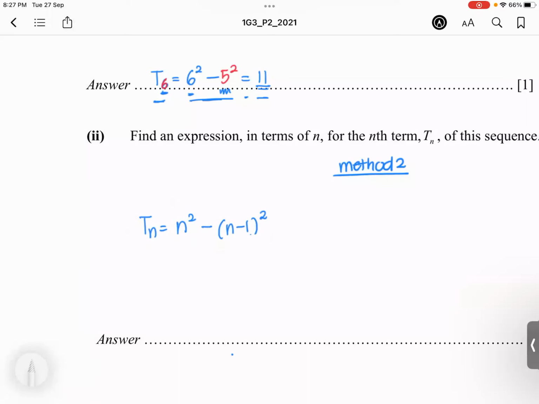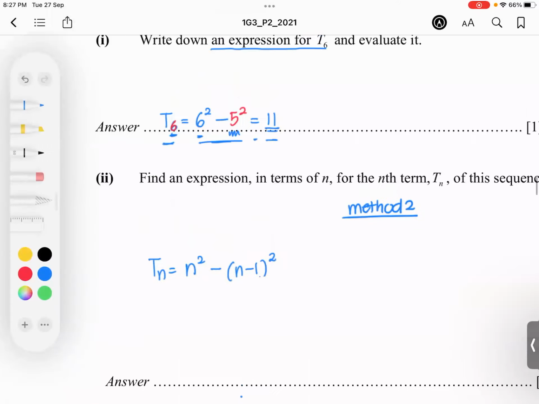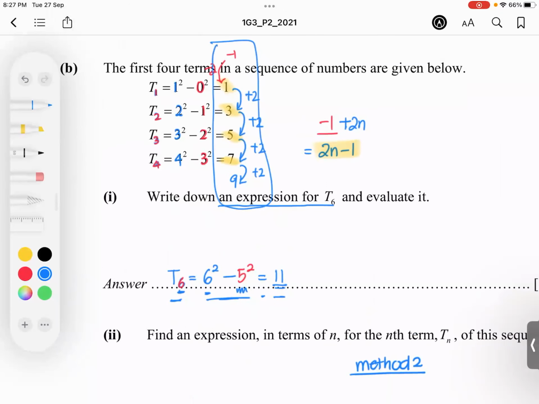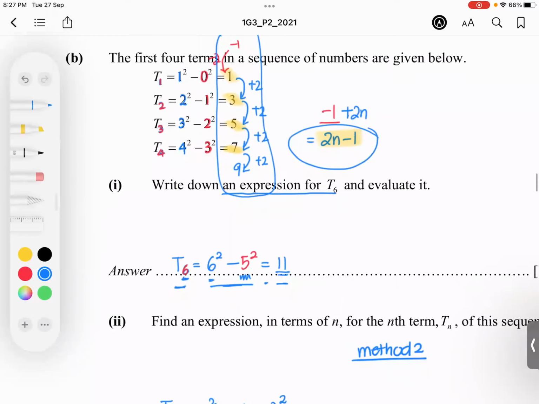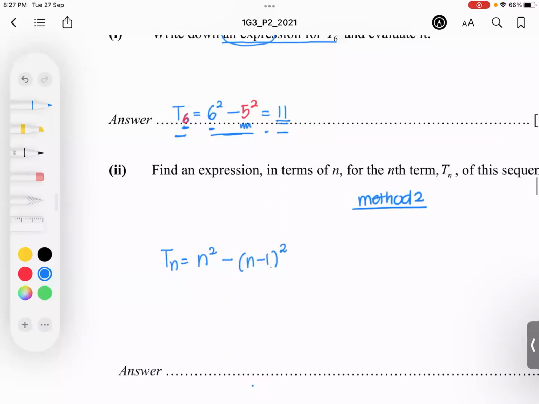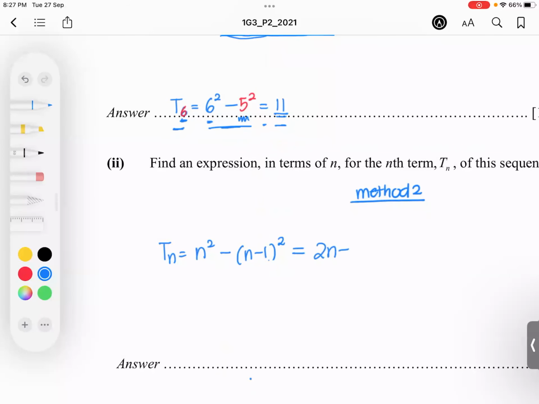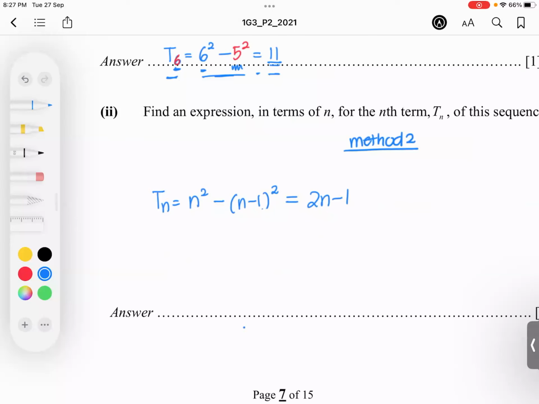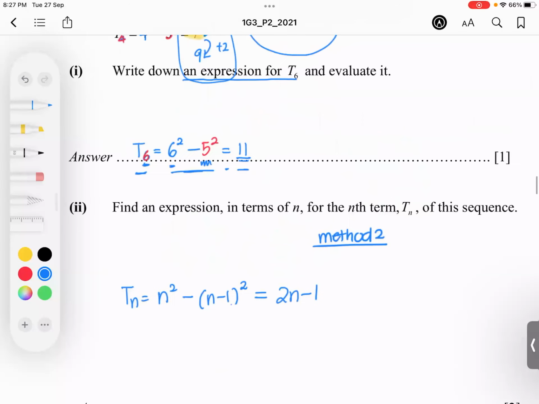My method 2 is I'm going to observe this portion over here has a pattern, and this pattern I already found to be the number pattern 2n minus 1. So I'll take this whole thing and equate it directly to 2n minus 1. Sure, if you don't understand it, okay, let me repeat this again.